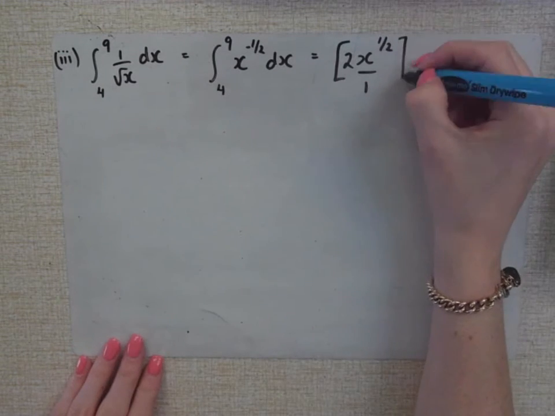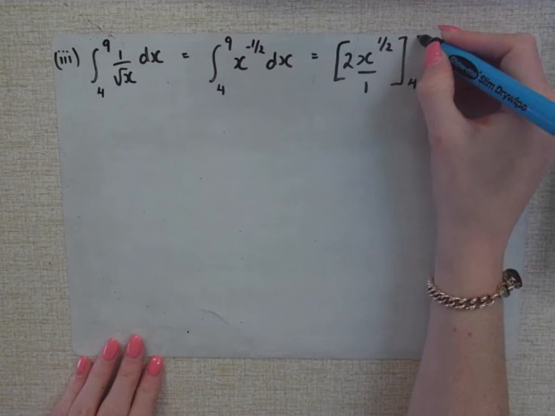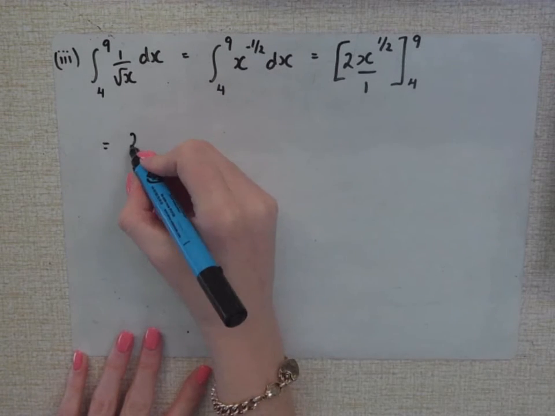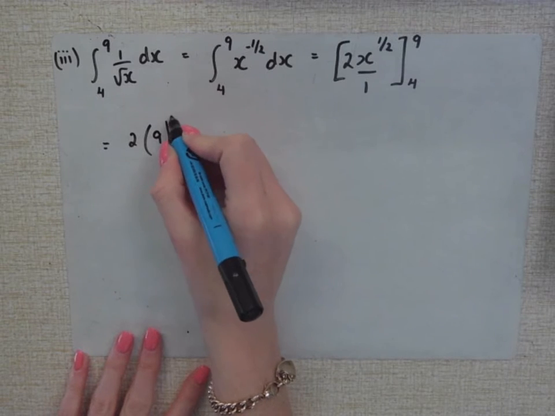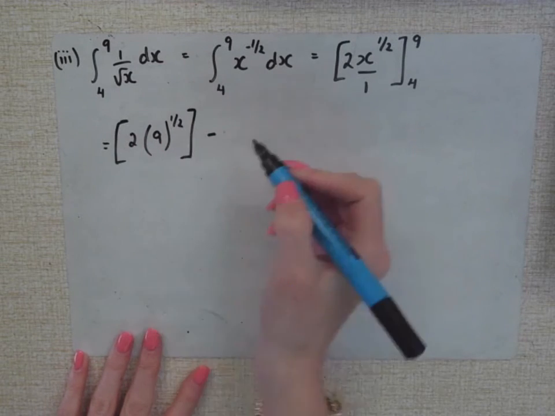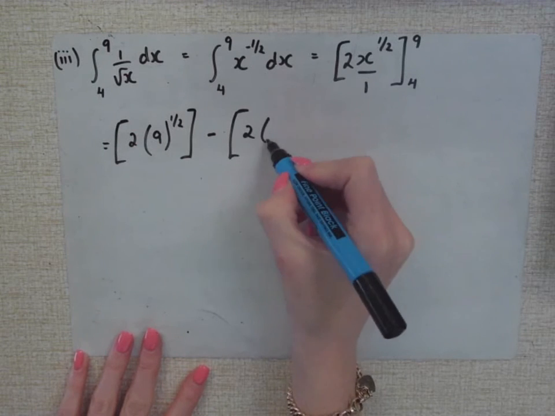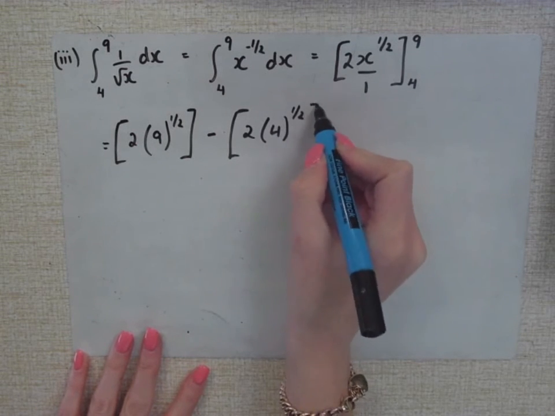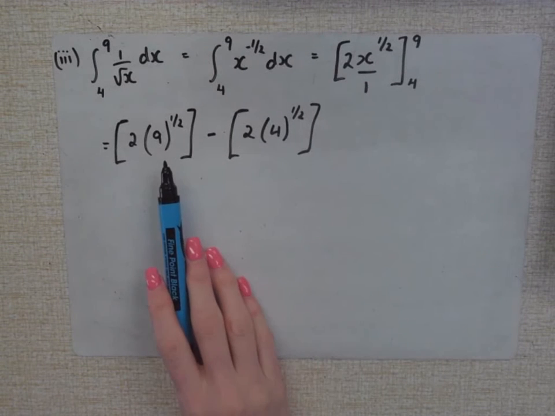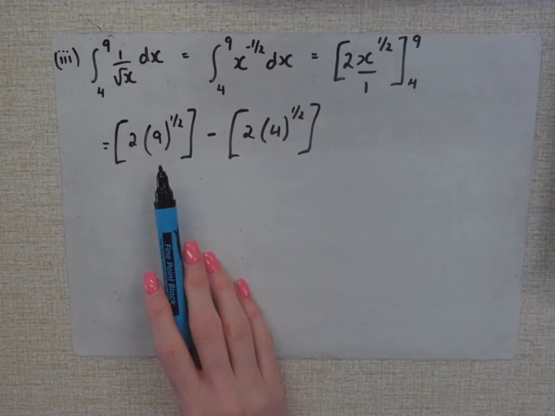Okay, so I'm going from 4 to 9. So that means fill in the 9, and then you're going to take away when you fill in the 4. So 9 to the power of a half is the square root of 9, isn't it?